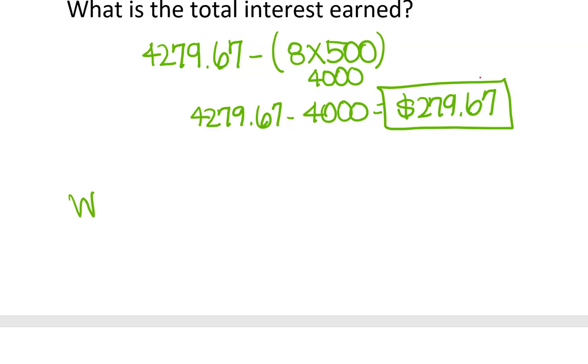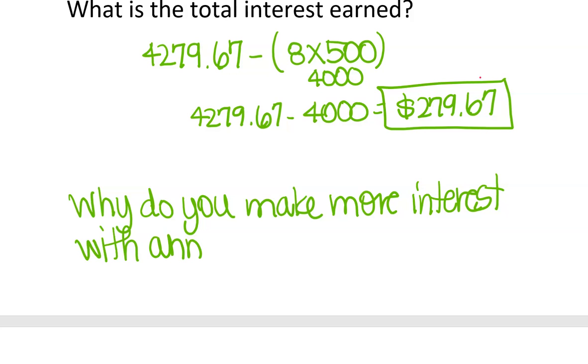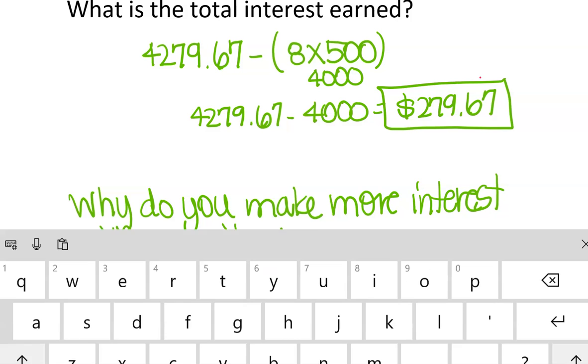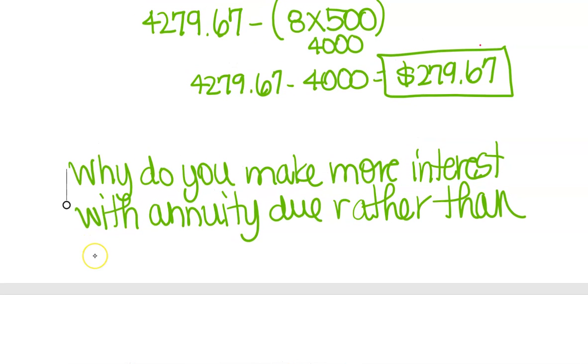So I'm going to put: why do you make more interest with an annuity due rather than an ordinary annuity?